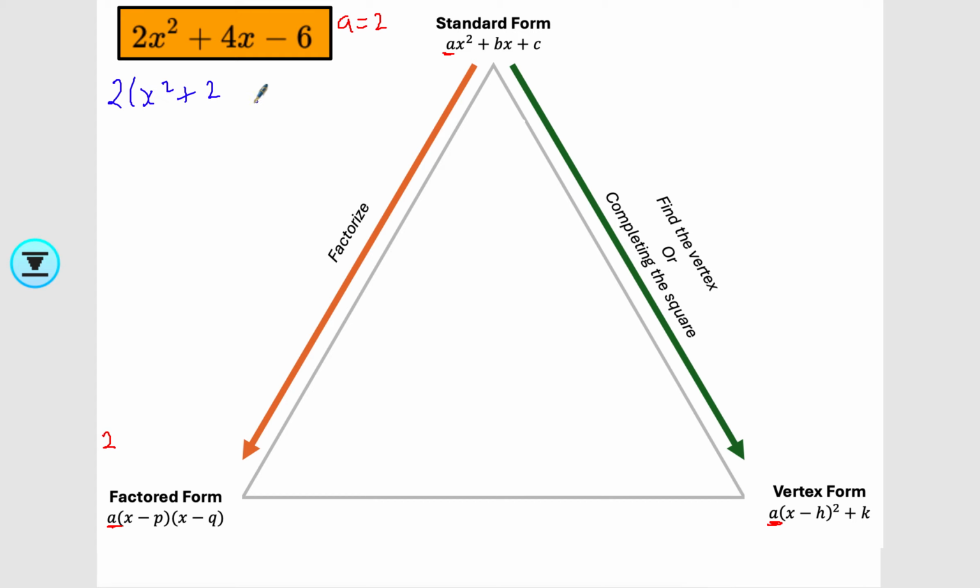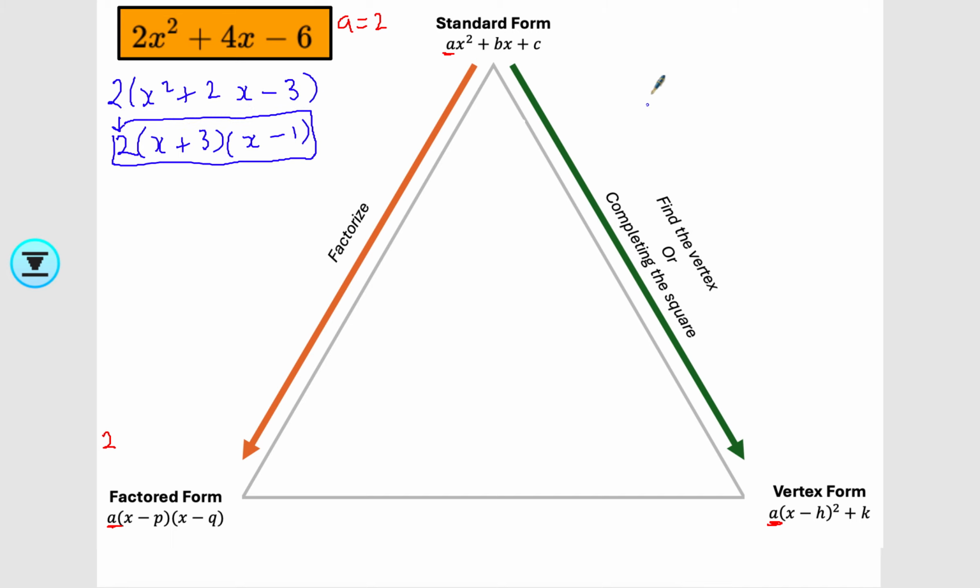I have 2(x squared plus 2x minus 3), and then I can use sum and product with what's inside: two numbers that multiply to give negative 3 and add to give 2. Those two numbers are positive 3 and negative 1, and I shouldn't forget the 2, so the 2 comes here. And this is exactly factored form.